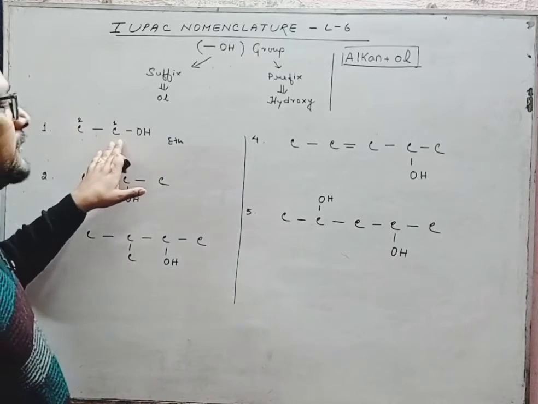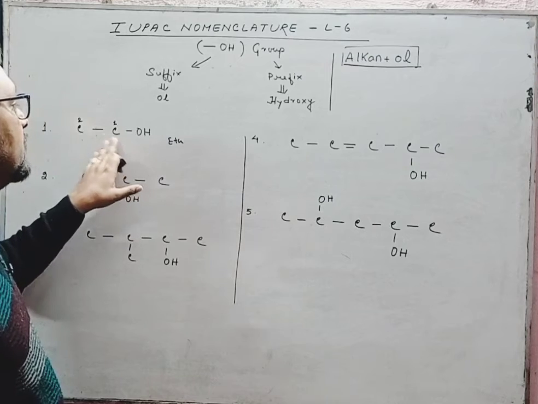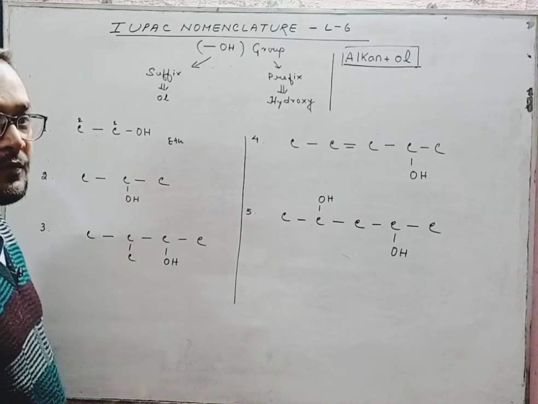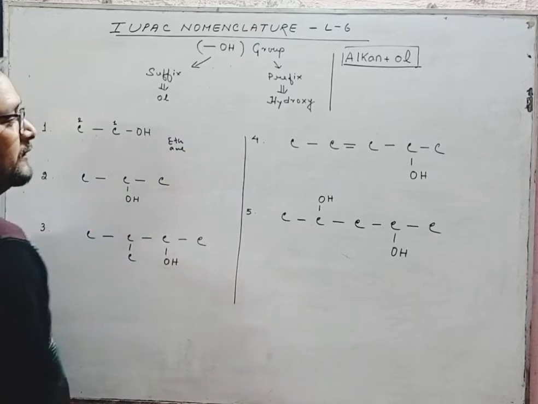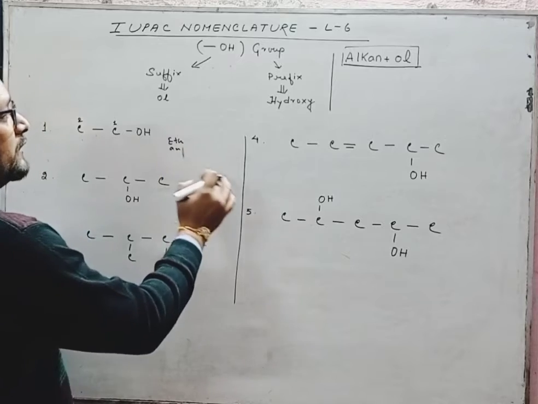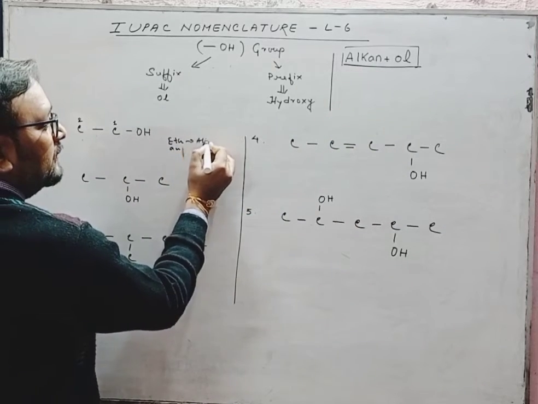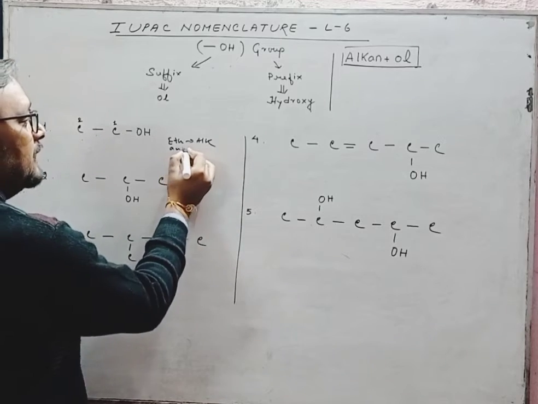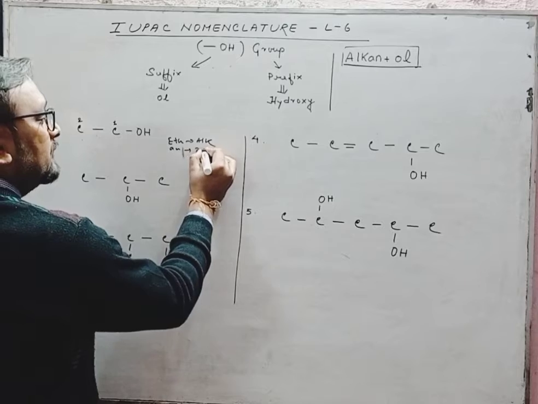What is the primary suffix? You can see that there are no double bonds or triple bonds, so the primary suffix is ANE. But I will not write this E, because the format I said is alkane ol. The alk part is this, and ANE shows the primary suffix.